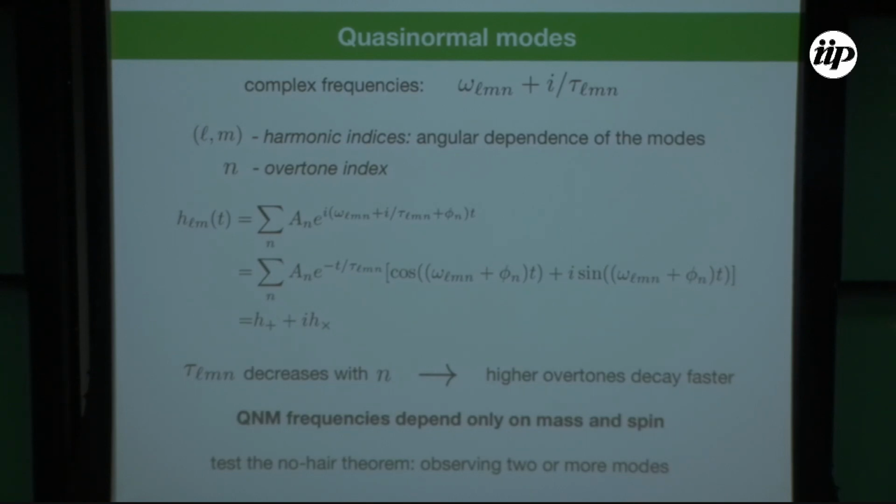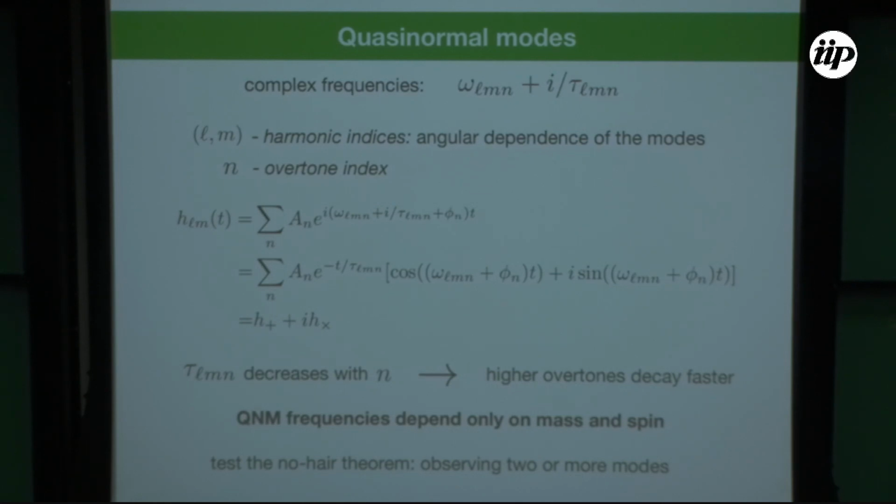We also have that the damping time decreases when we increase n. This means that higher overtones decay faster. So the fundamental mode, which is n equals 0, is the longest-living overtone, and then the first overtone, n equals 1, lives longer than the second overtone, and so on.